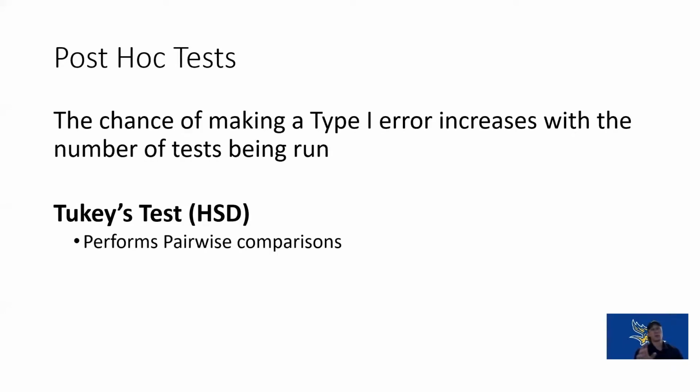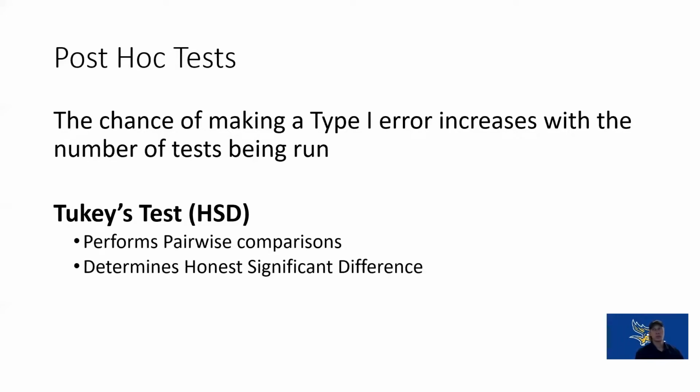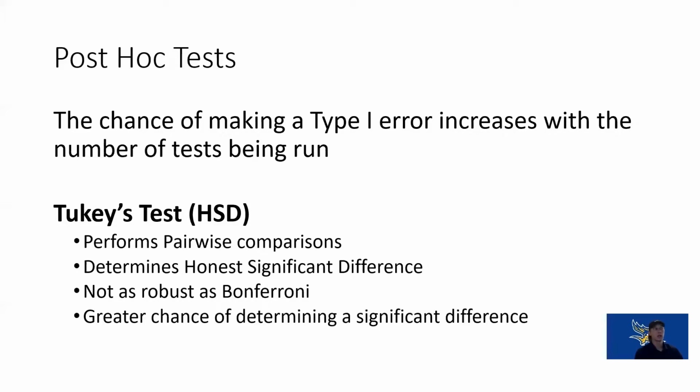Tukey's test performs pairwise comparison, so it compares 1 and 2, 1 and 3, 2 and 3, pairs them up and determines the significant difference between those two groups. It doesn't do as much to correct for chances of making a type 1 error as we see with Bonferroni correction, but there is a better chance that we actually find a difference.